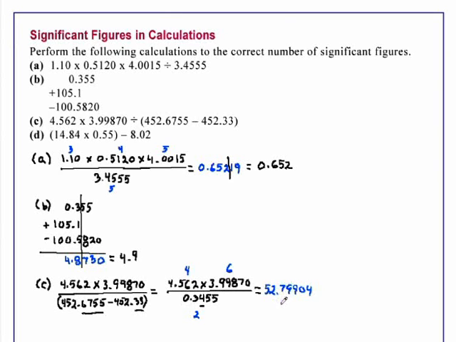So we're going to round at this point, and since the 7 is greater than 5, our answer becomes 53.